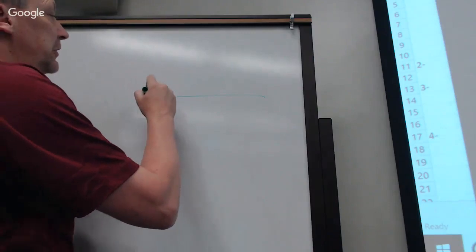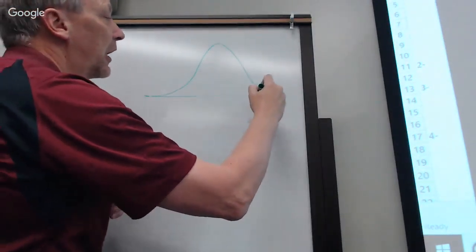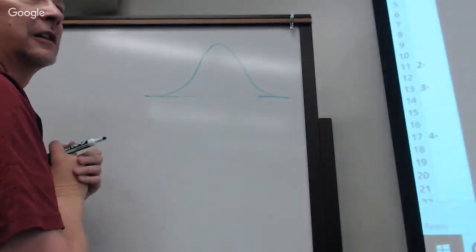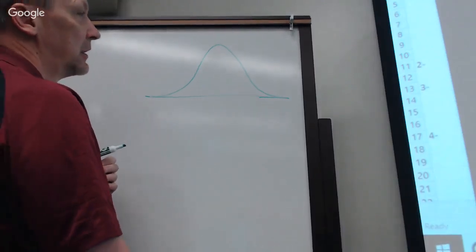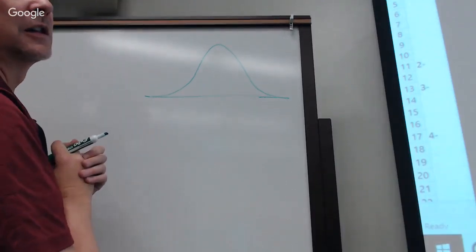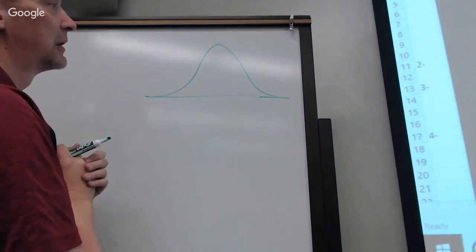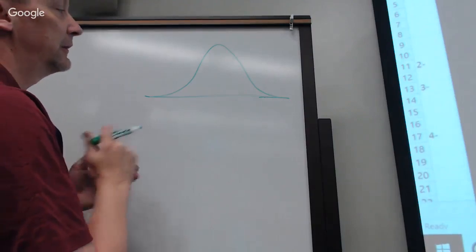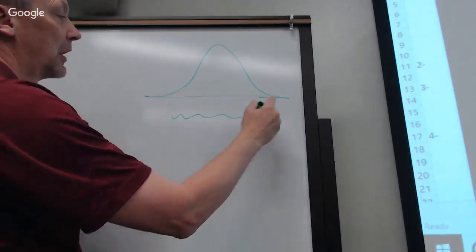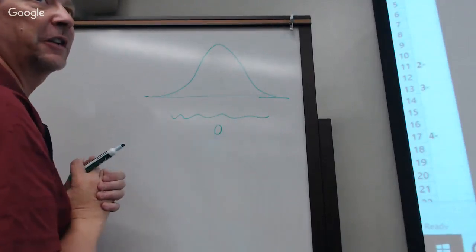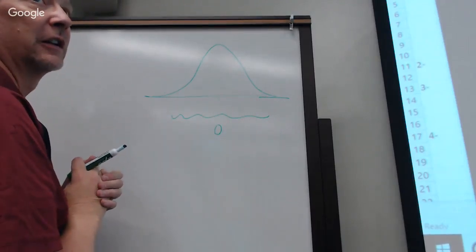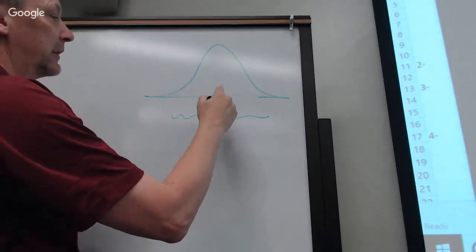The normal distribution, what does it assume? That everything's between 0 and 1? Well, eventually. We know the mean is going to eventually be 0, but what is the mean currently? 25.